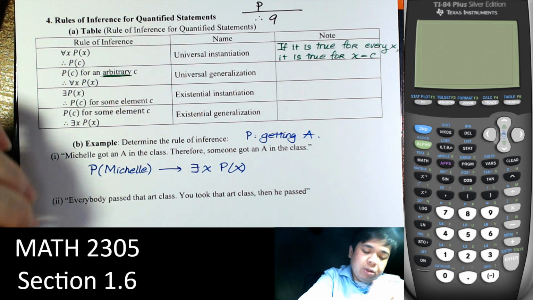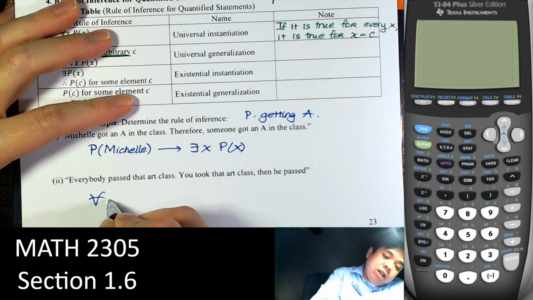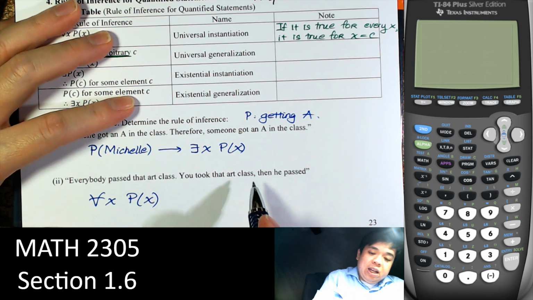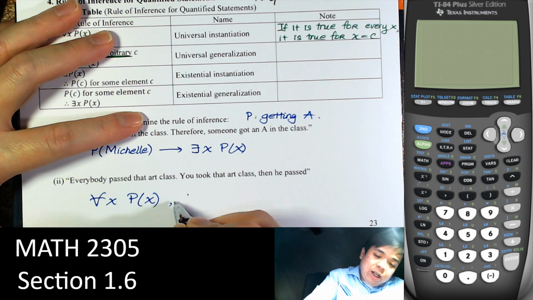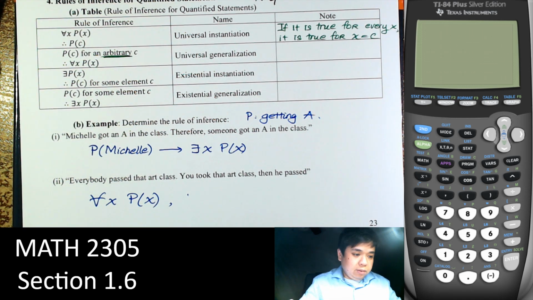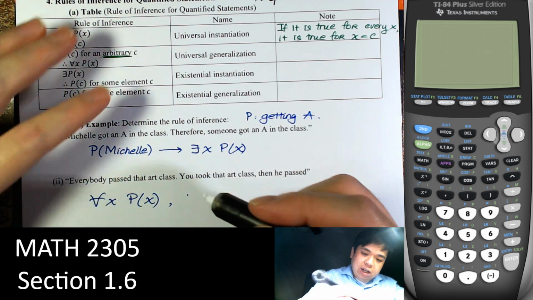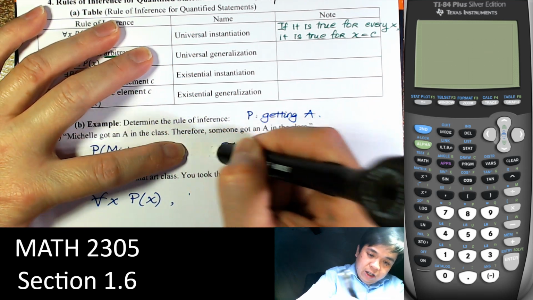So that's good. Next, everybody passes that class. So everybody will pass the class, and you take the class. Of course, instead of writing that, let's just write it in the form of an argument, which would be better.